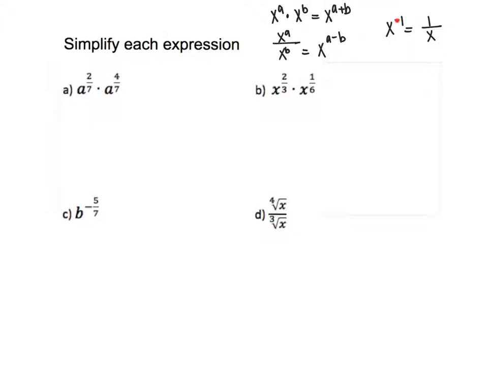So let me rewrite this as x to the negative n power, okay? So in this case, what this is saying is this x, I can always write over 1, right? If I put that in parentheses, well, if I flip this, if it's a reciprocal, I flip it, I'm going to have 1 on the top and x on the bottom.